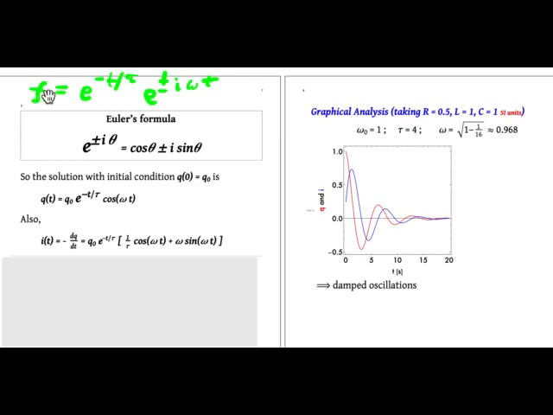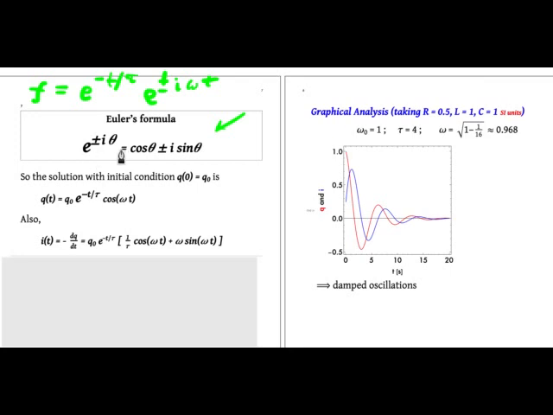All right, so here was my solution. E to the minus t over tau, e to the plus or minus I omega t. And here's Euler's formula, which you should know from calculus. E to the plus or minus I theta is cosine theta plus or minus I sine theta.